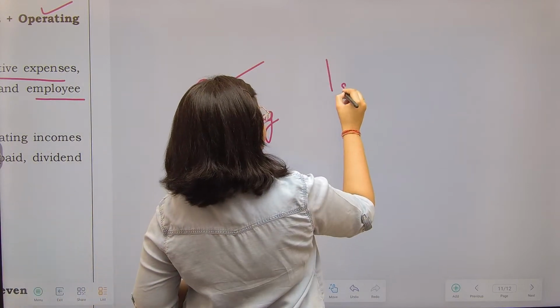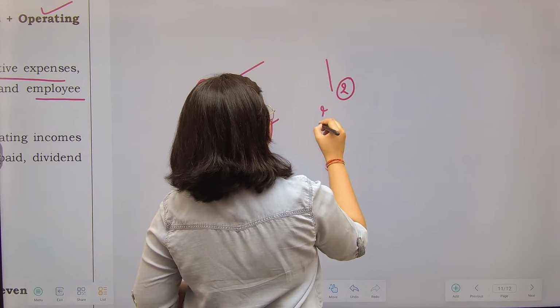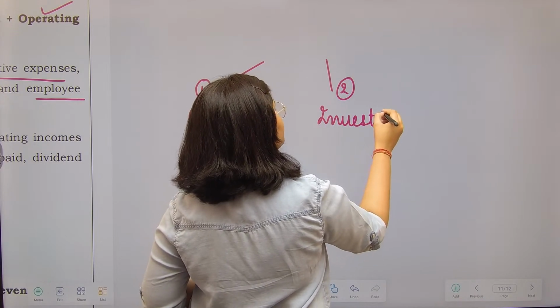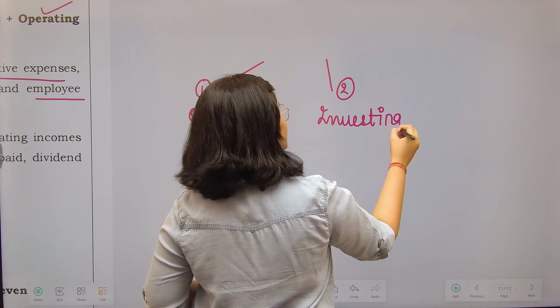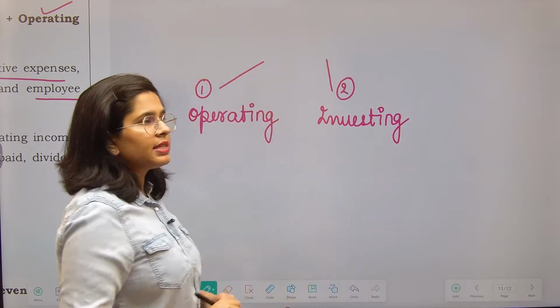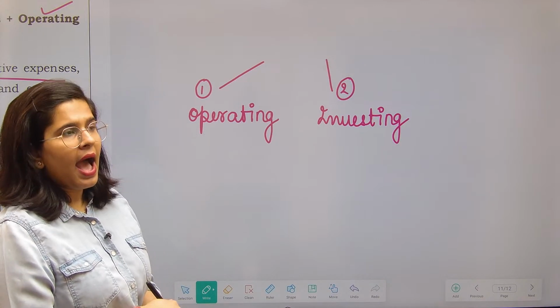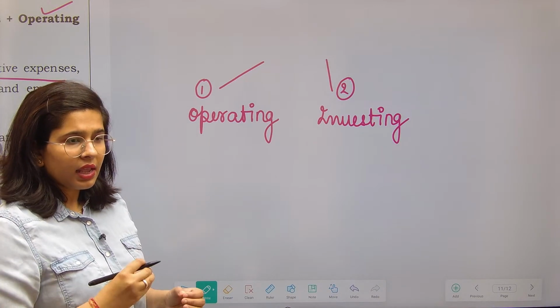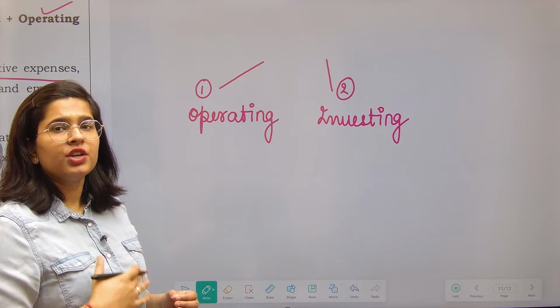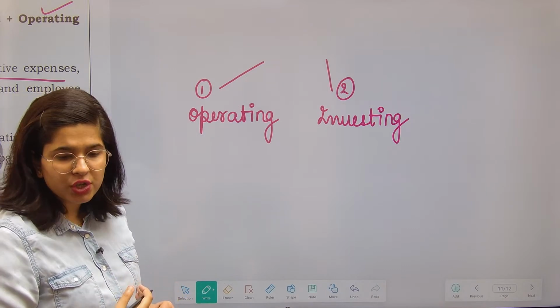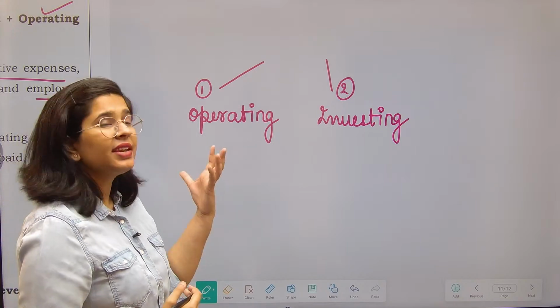Next is investing. Investing means, suppose I am into the business of medicine manufacturer, obviously, and I have invested in shares of Tata, or suppose I have purchased a residential apartment. That is investing.